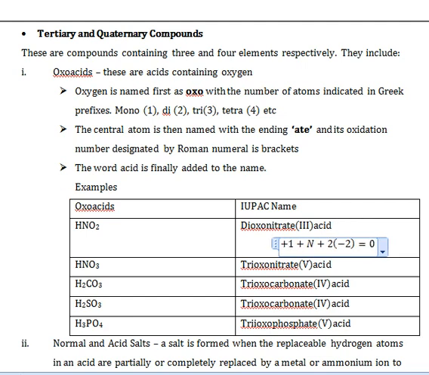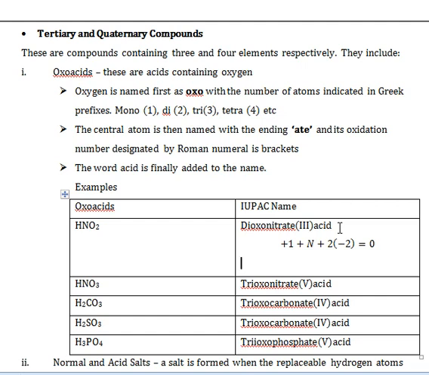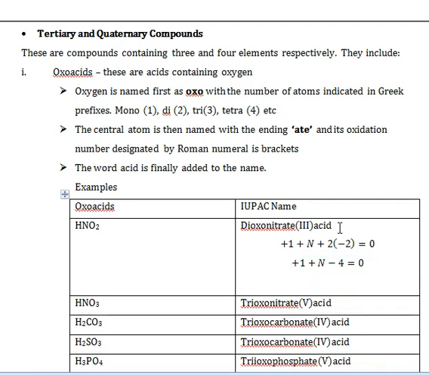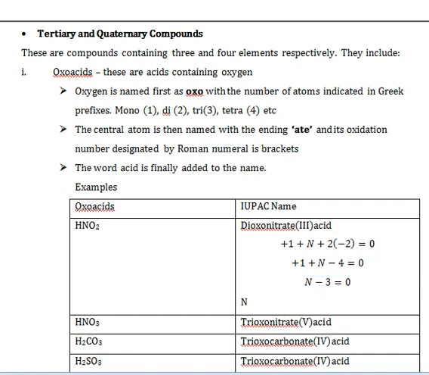So in calculating, you have +1 + n - 4 = 0, and that would be n - 3 = 0, such that your n would be equal to +3.